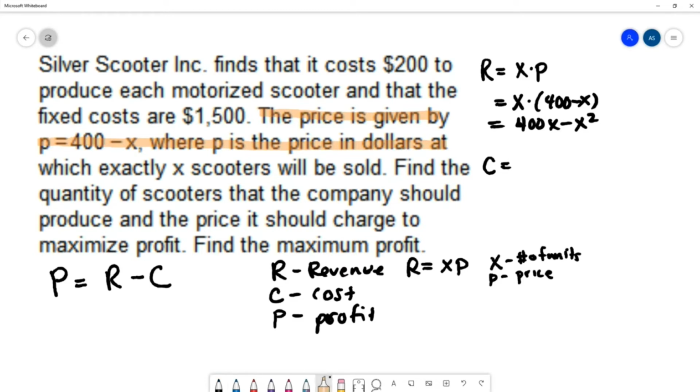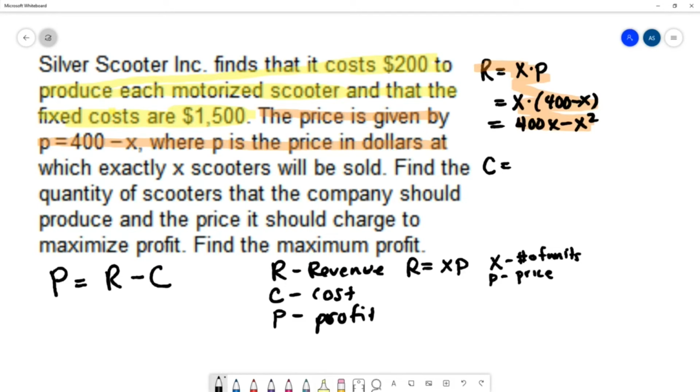Our cost function, I highlighted what we needed for revenue. Let's highlight what we need for cost. It costs $200 to produce each scooter, and there's a fixed cost of $1,500.